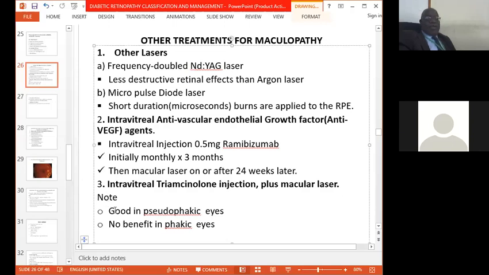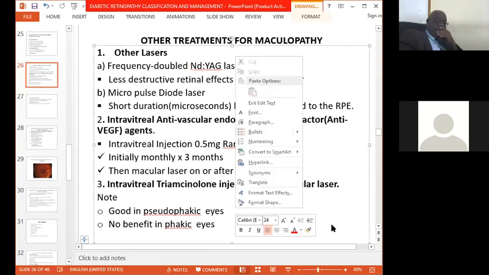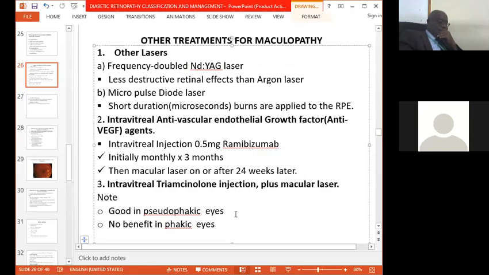This is especially good in pseudophakic eyes. Who are pseudophakic eyes? I hope people somewhere know pseudophakic eyes. Those are people with an implanted lens. The actual lens was removed.